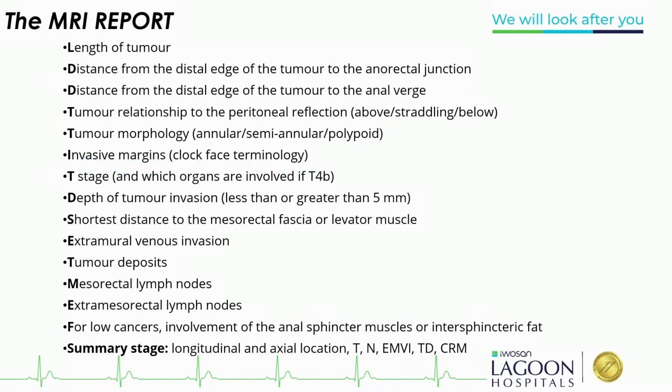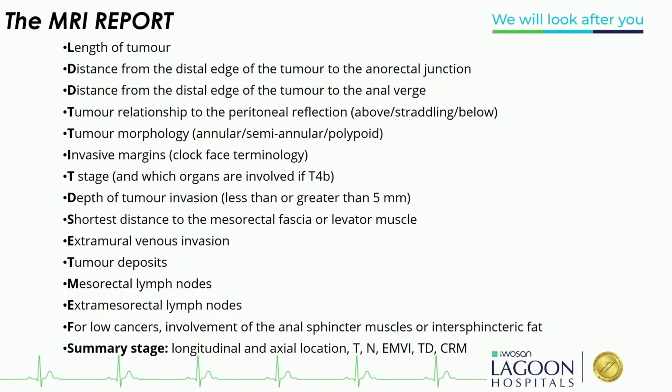So when you get your radiology report, it's going to contain a lot of information. So we are talking about how long the tumor is, how far the tumor is from the anorectal junction, how far it is from the outermost aspect of the anal canal, which we call the anal verge. What's the relationship to the peritoneum? What's the morphology of the tumor?